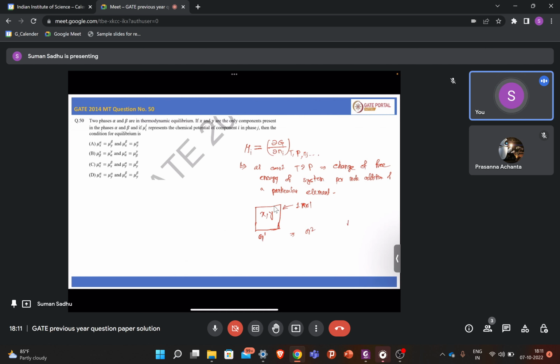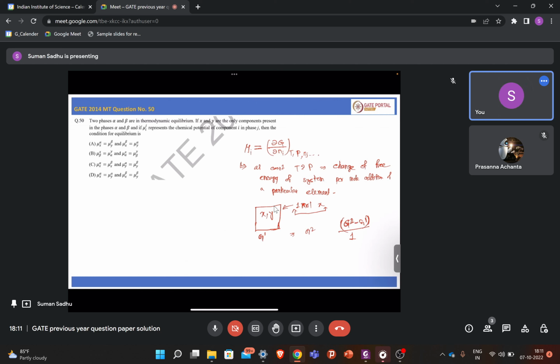Then chemical potential will be G2 minus G1, and dni will be 1 here, because 1 mole of X you are adding. Remember that you have to write the free energy change of the system, G2 minus G1, not the free energy change of that particular element.